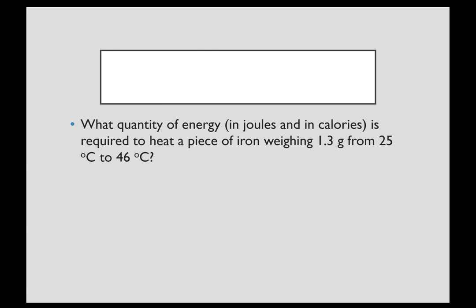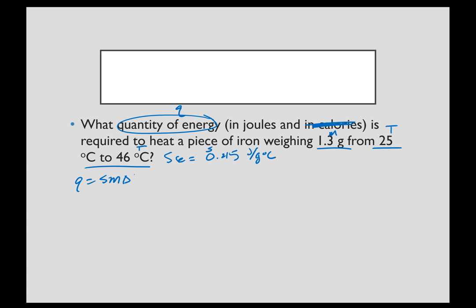This one, the specific heat of iron is 0.45 joules per gram degree Celsius. So again, that's just a standard value. So I have an S, I have a mass, I have 2 temperatures, so there's going to be a temperature change, and I'm again determining the quantity of energy, which is Q. We're just going to do this one in joules. We're not going to worry about converting to calories. So same thing, S M delta T, Q is my unknown. In this case, because it's a different substance, there's a different specific heat.